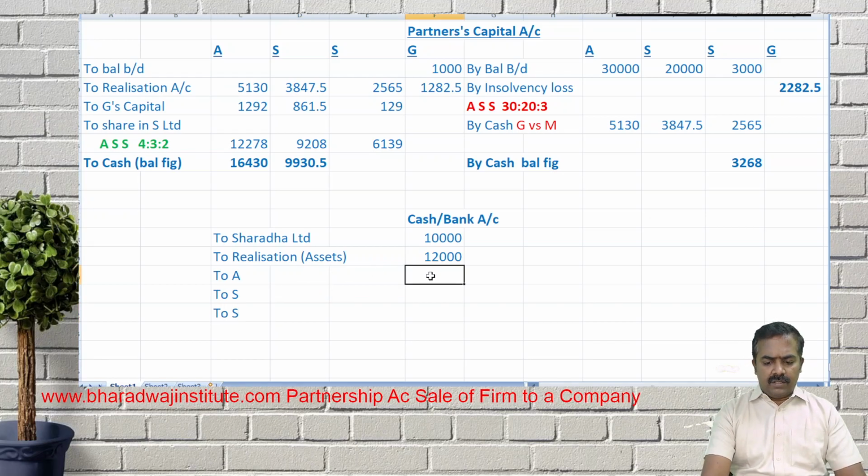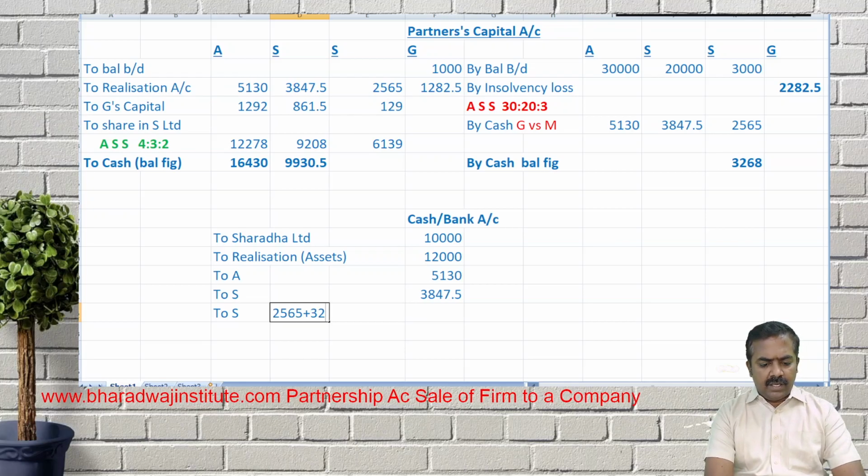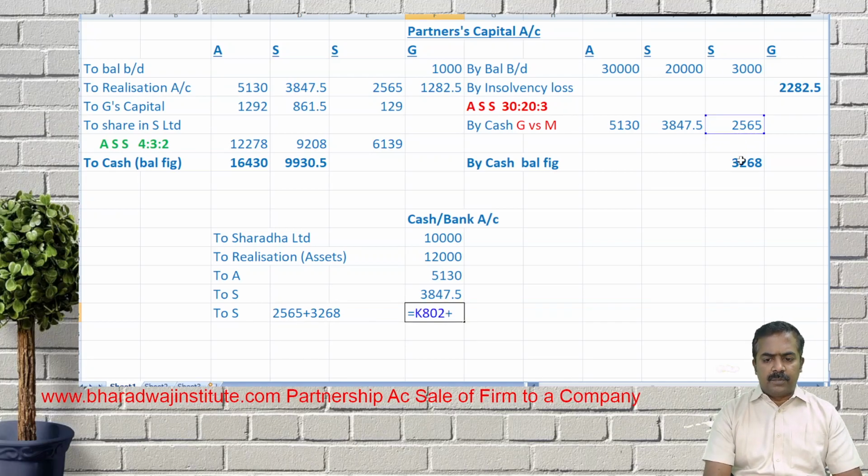A, how much he brought in? The 5130. B, how much he brought in? 3847. Last partner ரெண்டு கொண்டு வந்திருக்கோம் 2565 plus 3268 and the ரெண்டு balance amounts. This one plus this one, two amounts he brought in.